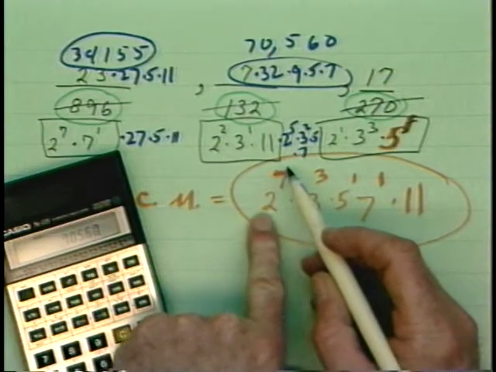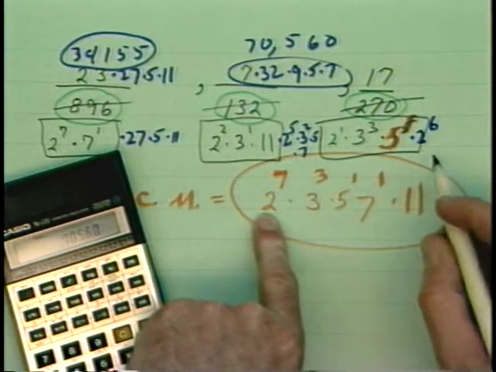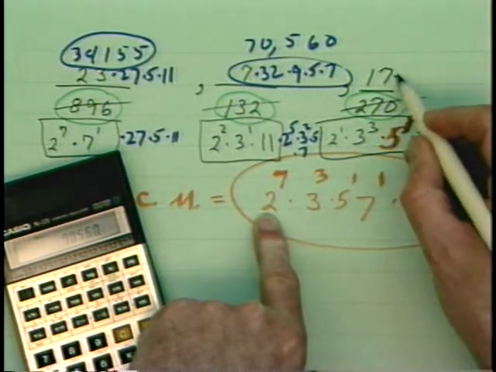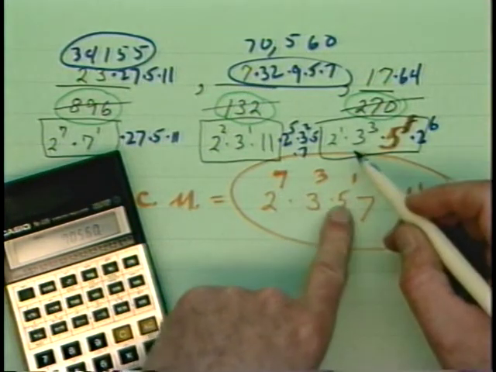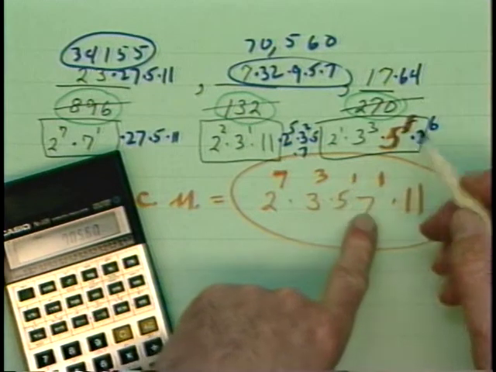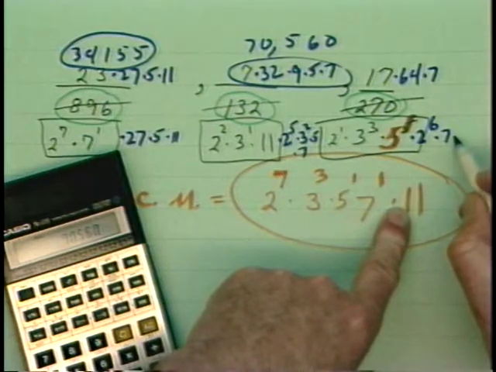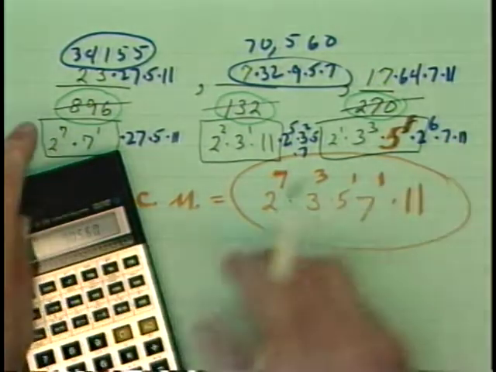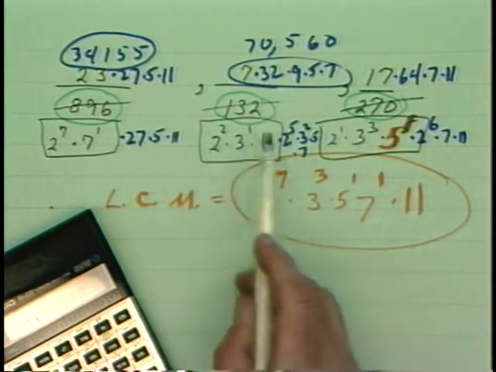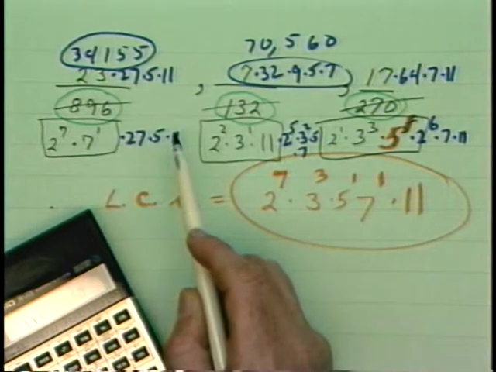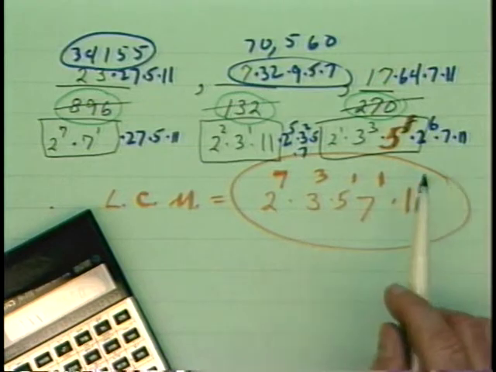I want 7 2's. I've got only 1, so I need 6 more 2's. Multiplying those out, I would get 64. I want 3 3's. I've got them. I want a 5. I've got it. I want a 7. And I want an 11. Now see, I haven't the slightest idea what this is, but I know that this and this and this are all the same because I have made them be the same through the fraction building.